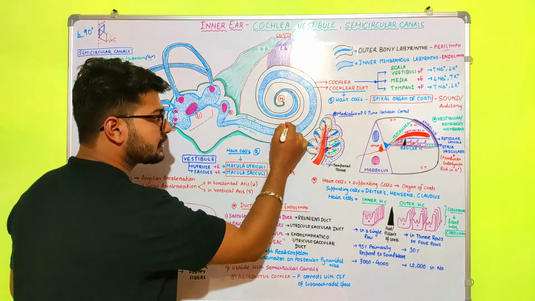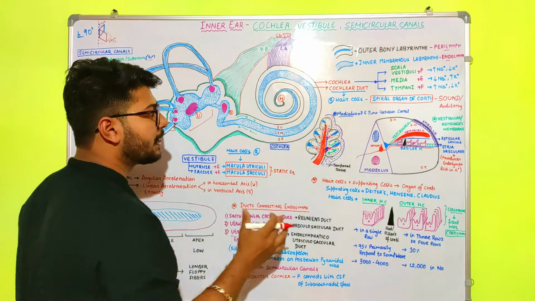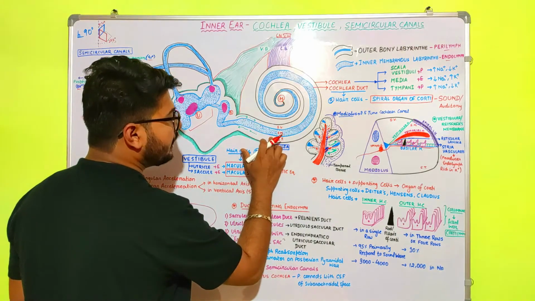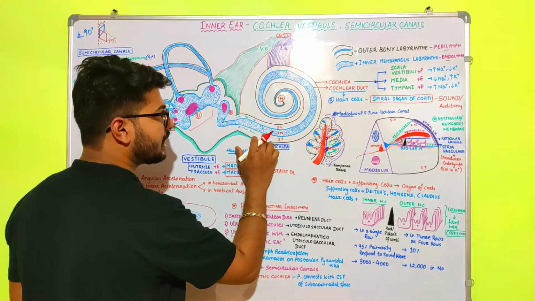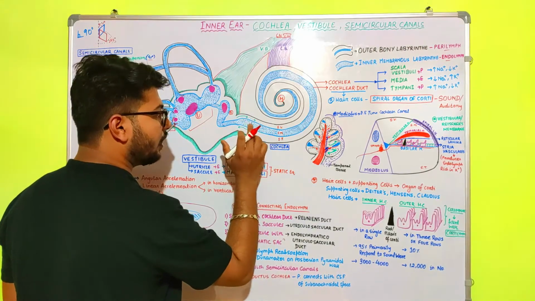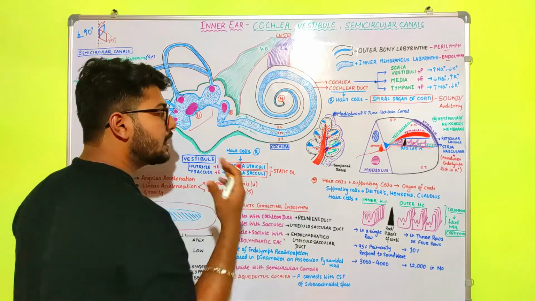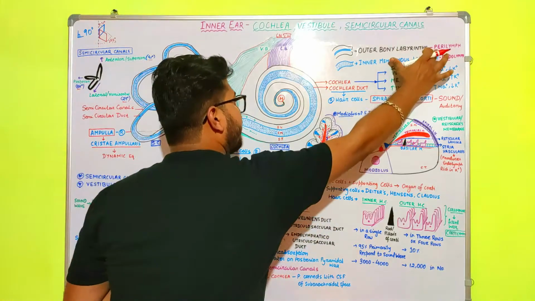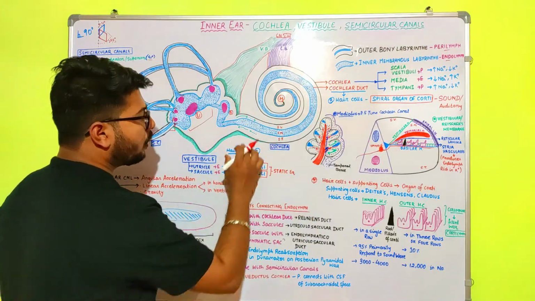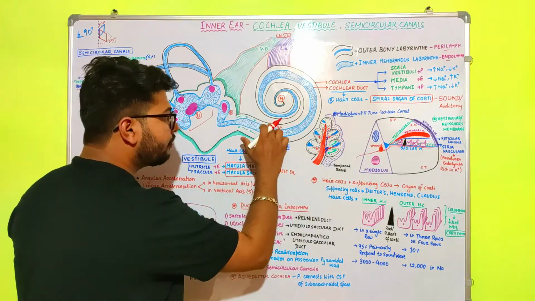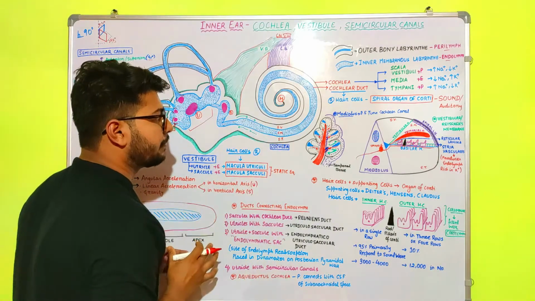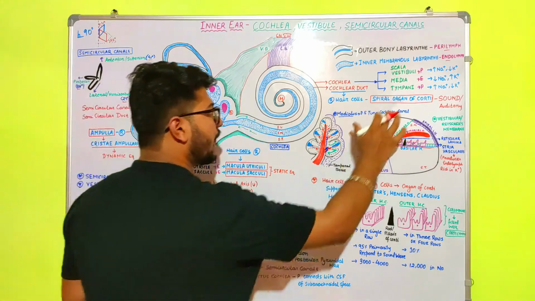So of course the scala vestibuli will be filled by perilymph, and the scala tympani similarly has the same outer bony labyrinth histologically, and it is filled with perilymph fluid. Now the scala media is present in between the scala vestibuli and scala tympani. It is filled with endolymph.